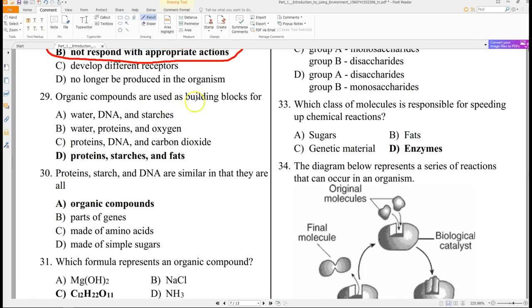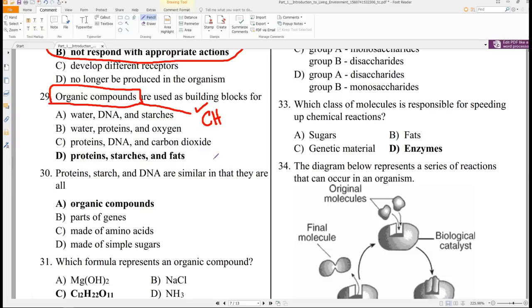Organic compounds are used as building blocks for... Do you know what organic molecules are? Organic molecules are found in living things, and they have a carbon-hydrogen backbone. And there are 3 main organic compounds that you must always know, they're organic, found in living things.